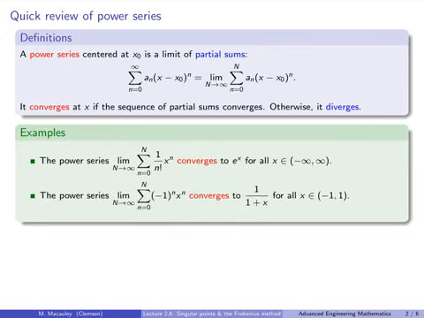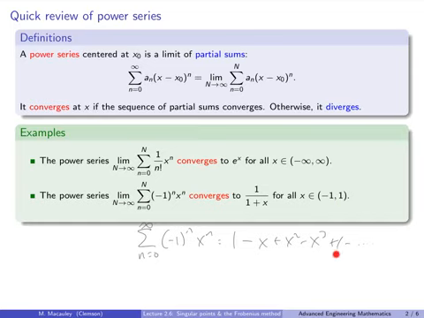In contrast, you can think of this series as the infinite sum from n equals 0 to infinity of negative 1 to the n, x to the n. This is 1 minus x plus x squared minus x cubed plus, minus, etc. This actually is equal to a function in the open interval negative 1 to 1.